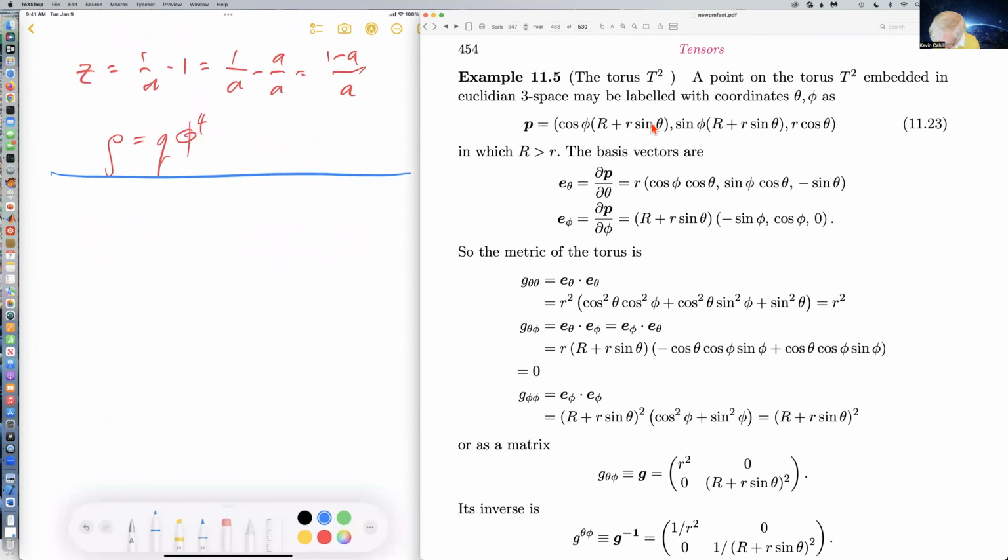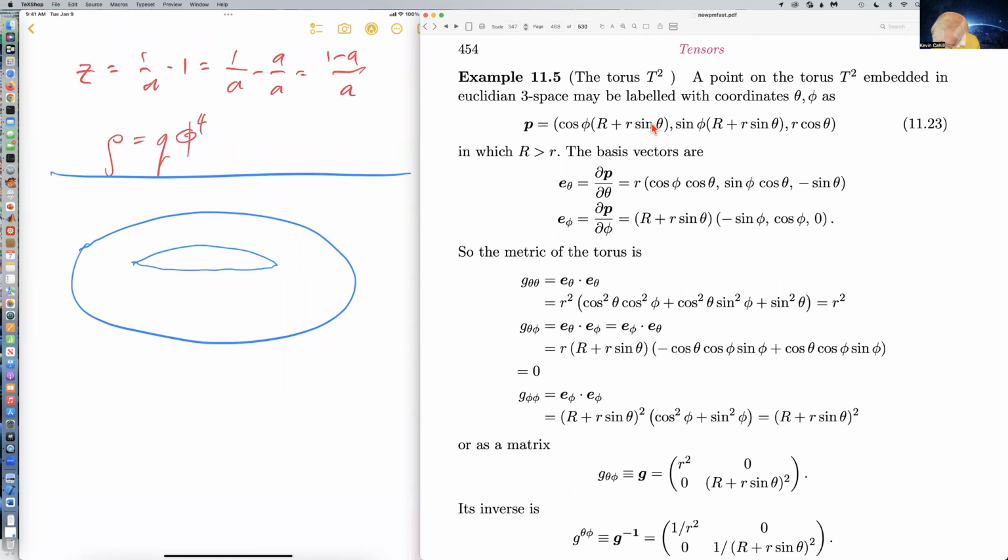So let me draw you this torus. It essentially looks like this, and we also, well, it looks kind of like that. So what is the angle phi?